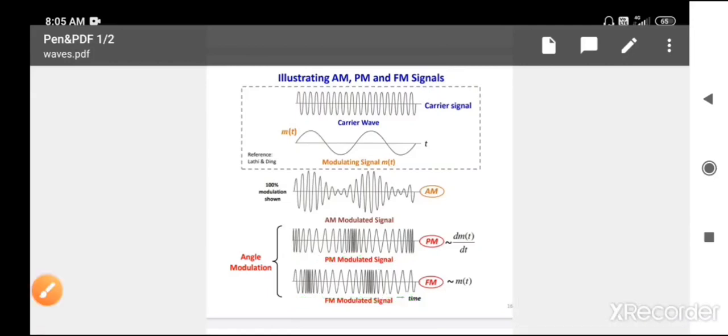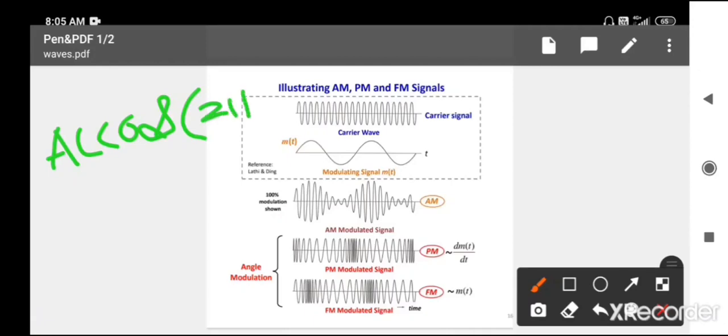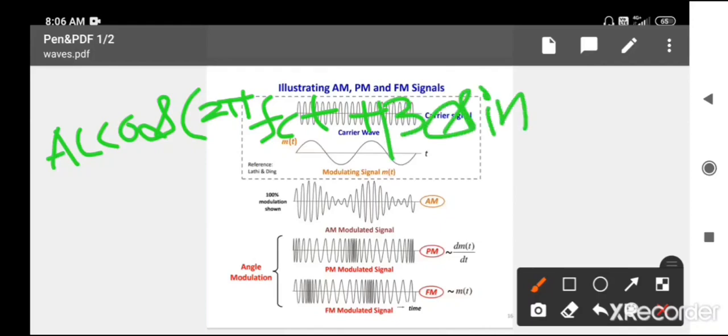So now we see the FM alone. It has a high frequency, low frequency, then high frequency and low frequency, and like this it goes on. So usually the FM basic signal equation is Ac cos(2 pi fc t + beta sin 2 pi fm t).